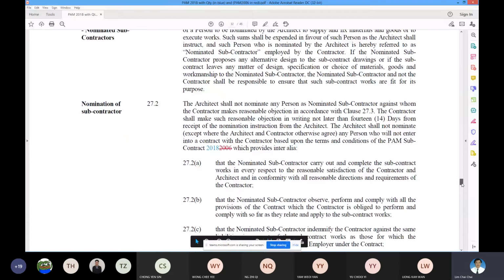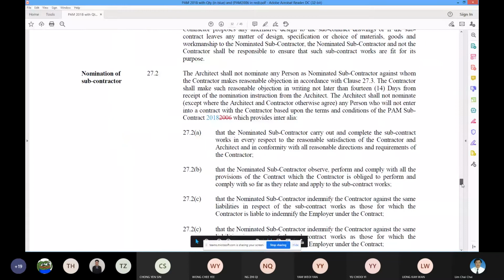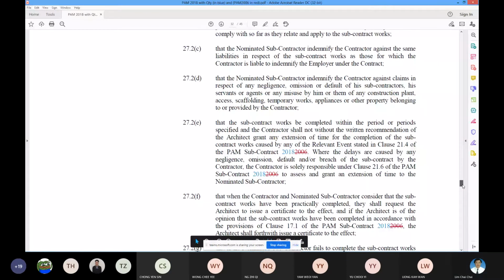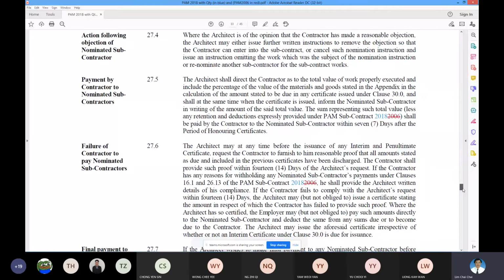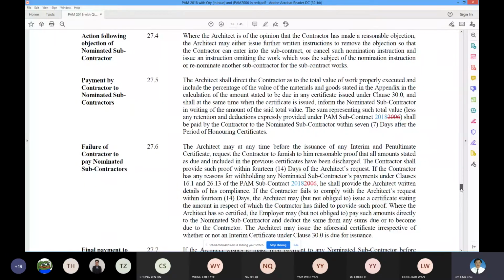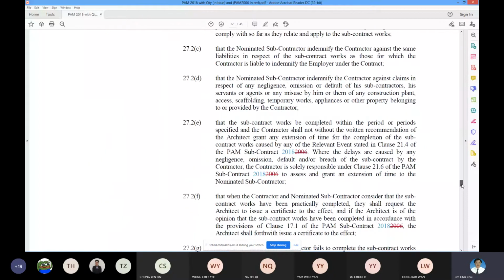So under 27.6, there is a so-called failure of the contractor to... no, sorry, okay, on the design by the NSCs. Yeah, sorry, 27.1. Okay.